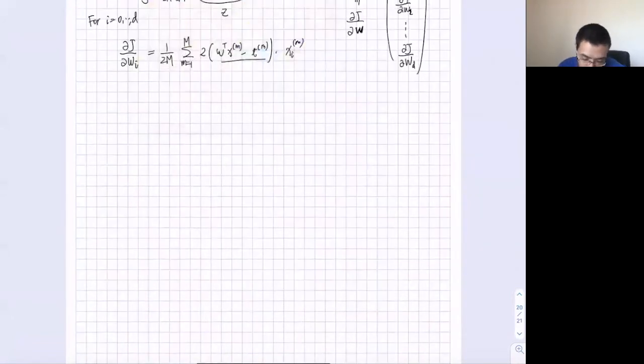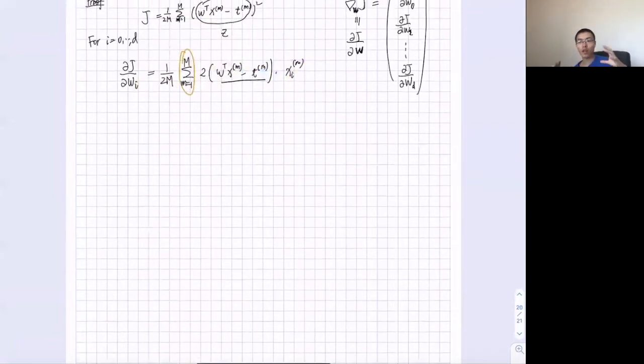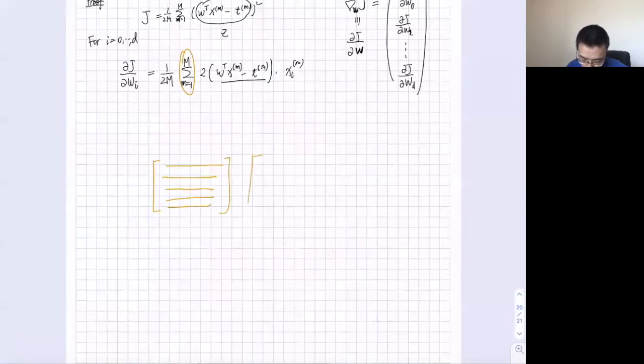Now you observe that there's a summation here. So we can remind ourselves that if you take the matrix vector multiplication, there's an implicit summation, right? For example, I have a first matrix here and a second matrix there, okay? If you are doing matrix multiplication, you are taking one row here with a column here, and you get an element.